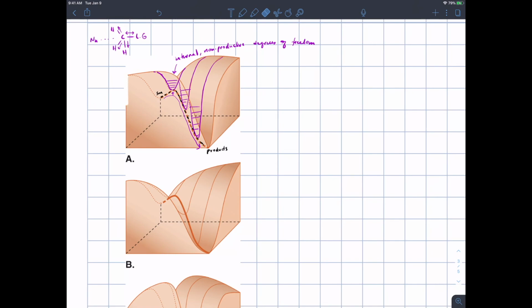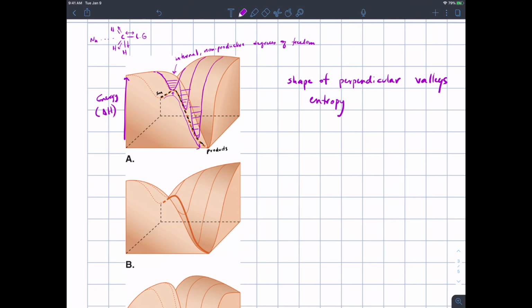When we've thought about this y-axis, we've thought about energy, which we've basically interpreted as free energy, but mostly enthalpy, because that's the one we know about when it comes to bond making and bond breaking. Instead, we're going to look at the shape of these, we'll call them perpendicular valleys, because they're perpendicular to the reaction coordinate. The shape of these perpendicular valleys is going to be related to entropy.